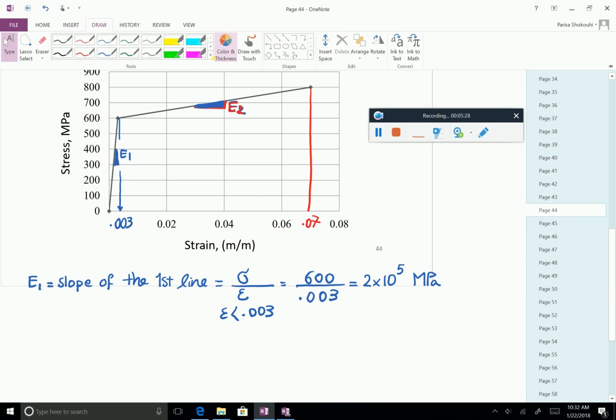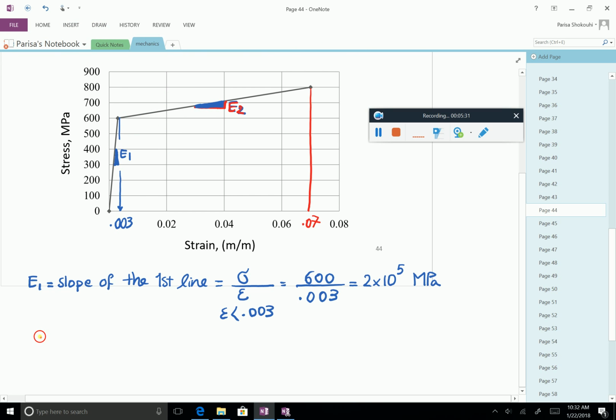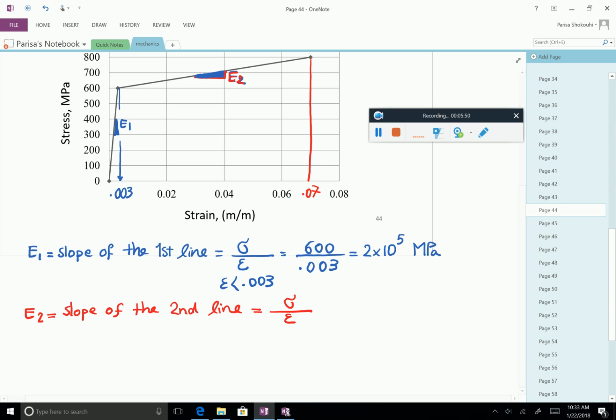Here I cannot simply say sigma over epsilon because it's not really starting from 0.